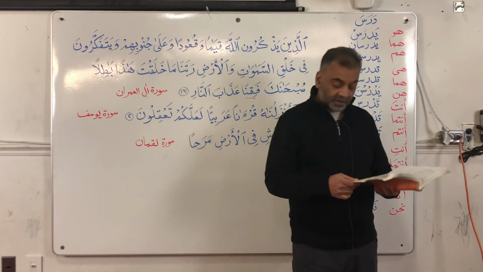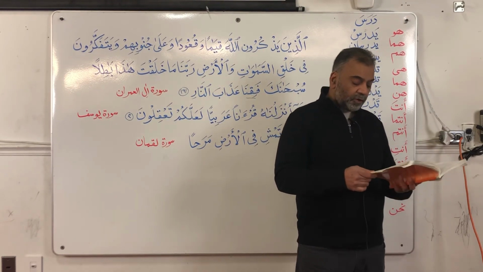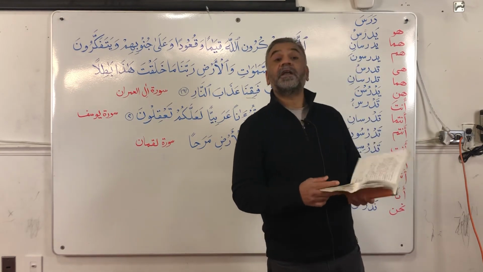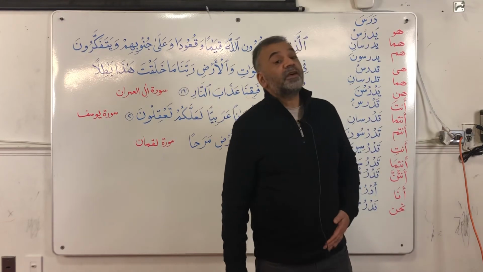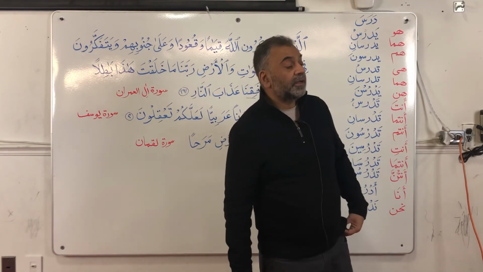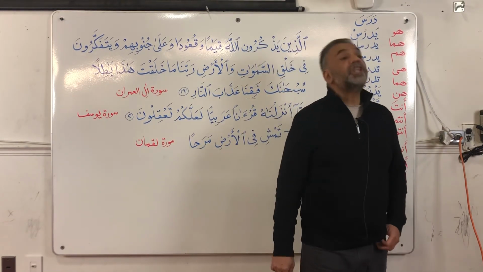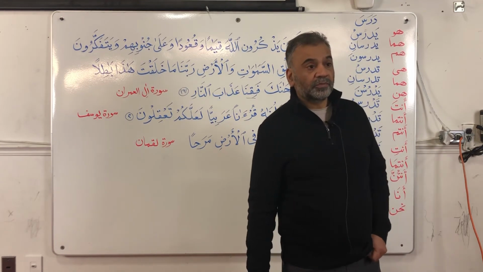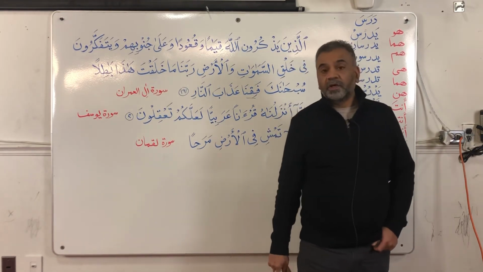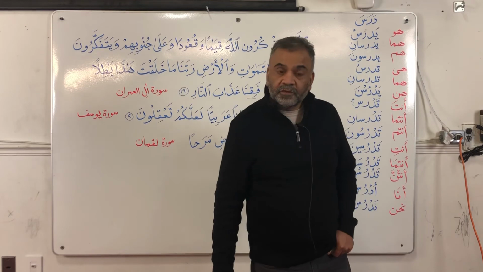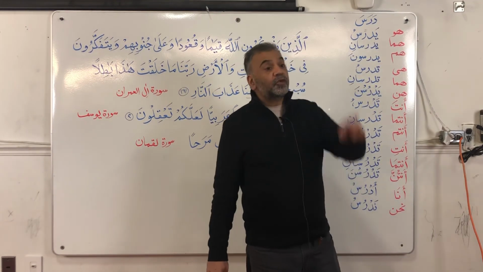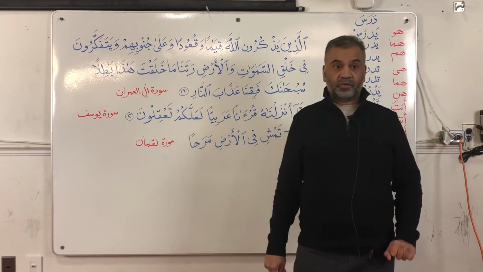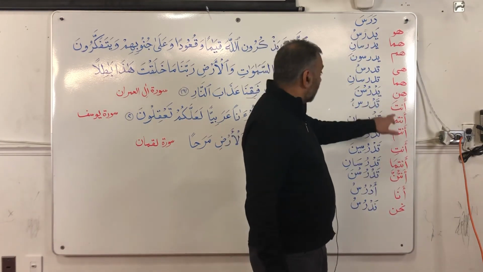Faisal said, Atarifu al muhandisa Salmana. Hamzatu istifham. Arafa is a verb which means he knew. Arafa, he knew. Ya'rifu, he knows, right? Tarifu, you know, same in the anta form.